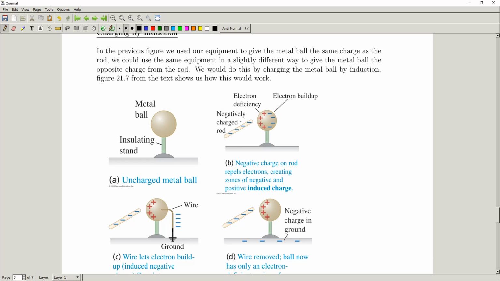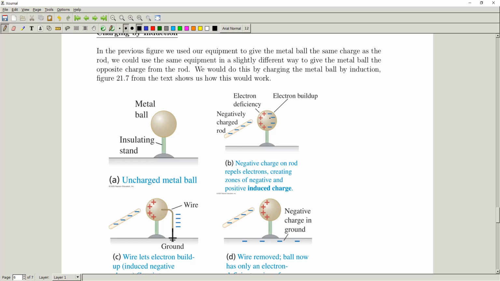We then bring this negatively charged rod close to our metal ball, and because our metal ball has some free electrons in it, we can have things move around inside the metal ball, right?